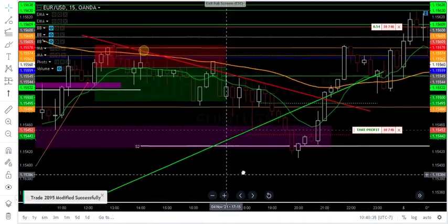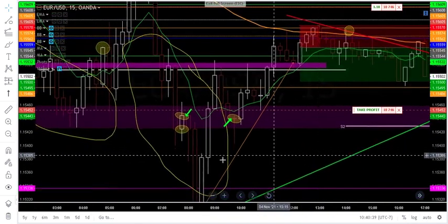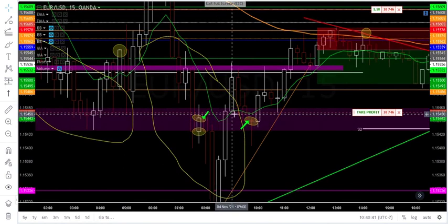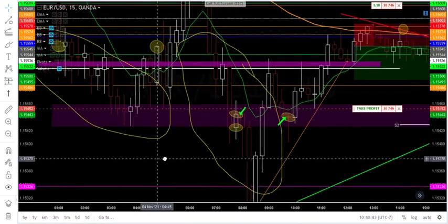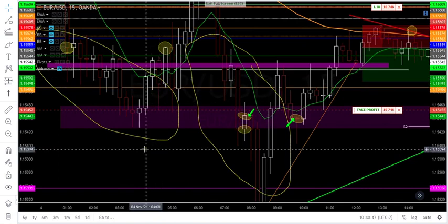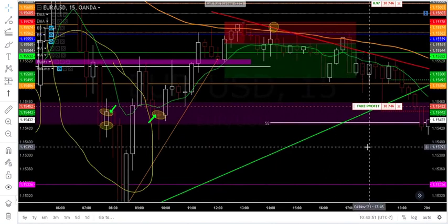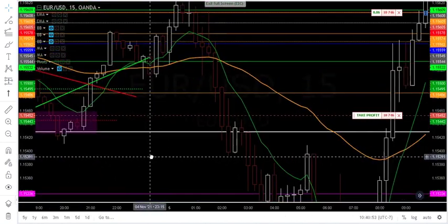Price came down, rejected back up. Price came down right here, rejected back up. Price came down, rejected back up. Boom. That's a pretty strong line right there. That's a pretty strong structure point.